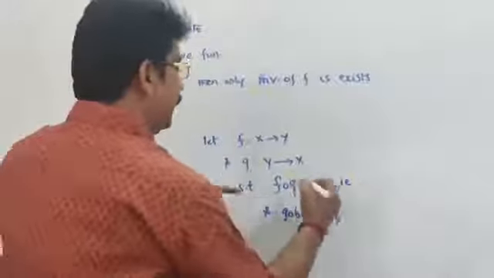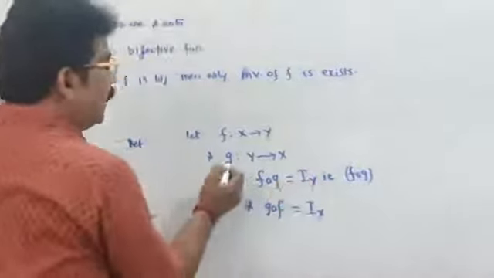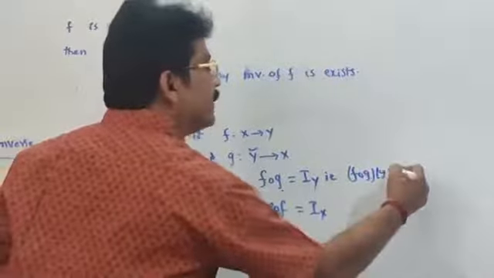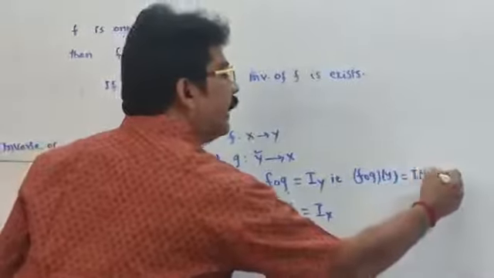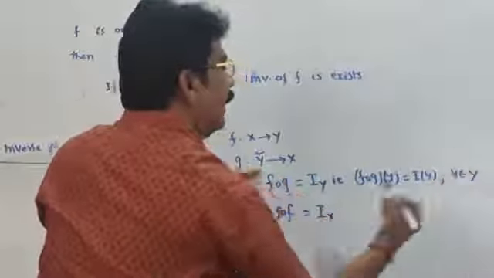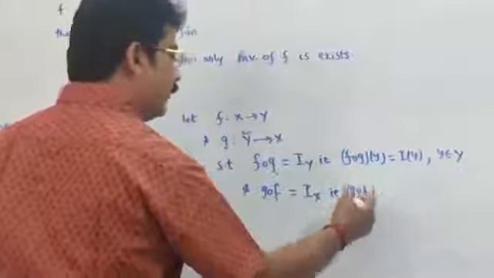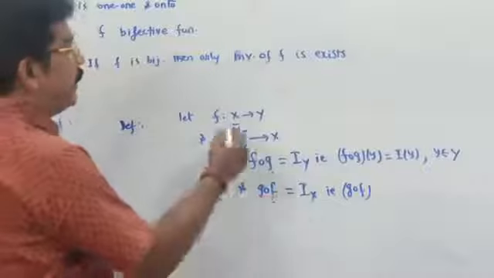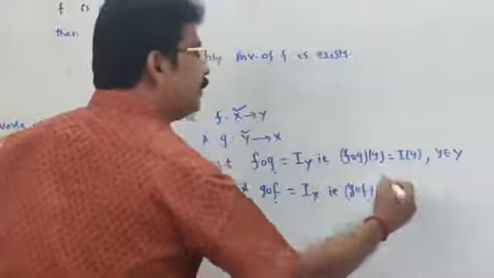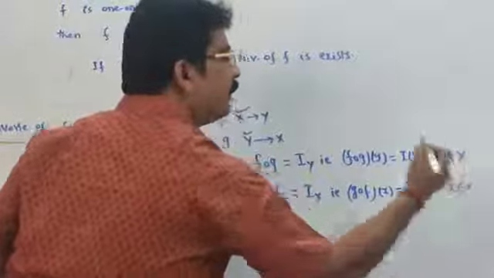The complete meaning is: f circle g of y, where g's domain is Y, is equal to capital I of y, whereas y belongs to capital Y. Its complete meaning, g circle f of x, where the last letter f means the domain is X, so it is small x, is equal to capital I of x, whereas x belongs to capital X.